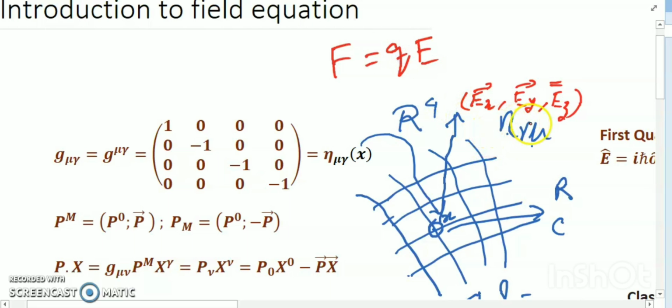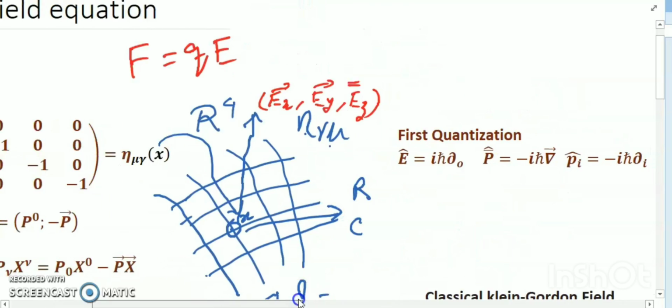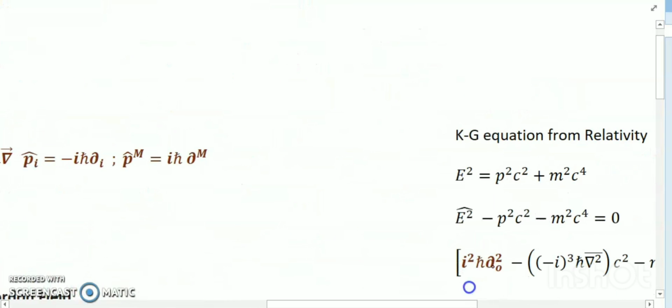So eta mu nu. Now the Lagrangian is the field derivative with respect to time. What is the Lagrangian? Let's discuss the Lagrangian.